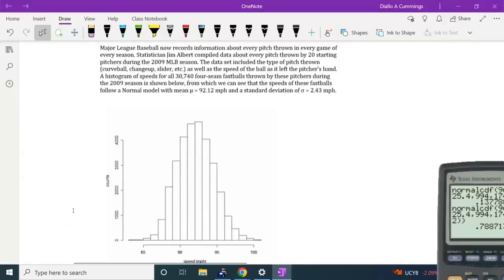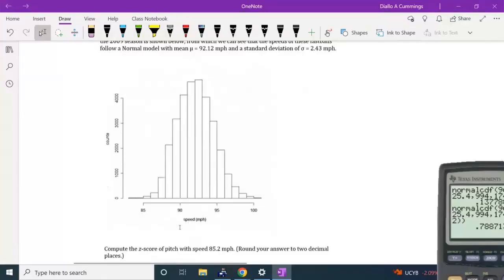Now, when you see this little four-seam thing, that just means in a baseball you've got four seams. That does not have anything to do with any of the calculations. It kind of just throws some numbers in. The only thing we're really concerned about is the mean and the standard deviation, and basically knowing what we're dealing with. Now, if you take a look at the chart, at the very bottom, they give you the speed.